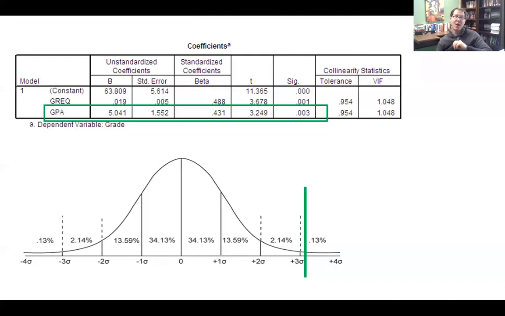And so in this case, our t-statistic is 3.2. And what that means is that I can count 3.2 standard deviations, or I guess they're called standard errors in the sampling distribution, 3 standard deviations up from the center of that normal curve, from that 0 point. 3 standard deviations up, and then a little bit more, 3.249. And that's where my sample falls.